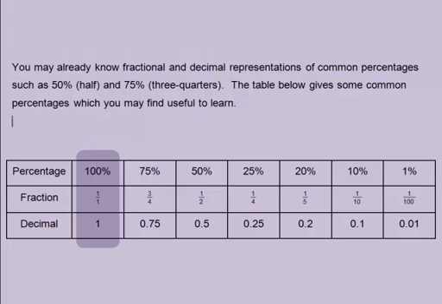Percentage 100%, fraction 1 over 1, decimal 1. Percentage 75%, fraction 3/4, decimal 0.75. Percentage 50%, fraction 1/2, decimal 0.5. Percentage 25%, fraction 1/4, decimal 0.25.